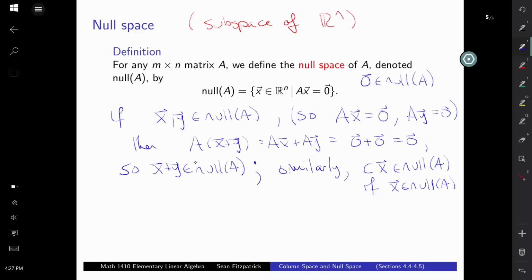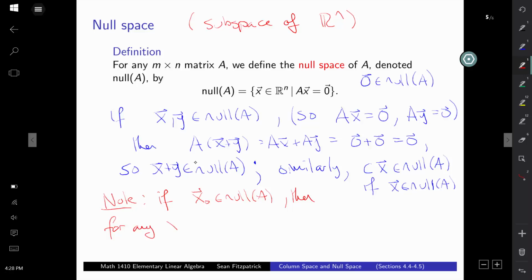So the other thing to note, and we kind of mentioned it already in our example, is that if I have some vector, say x sub 0, and it's in the null space, then for any other x in Rn, A times (x plus t times x0) is Ax plus t times Ax sub 0, which is Ax plus 0, which is A times x, right?